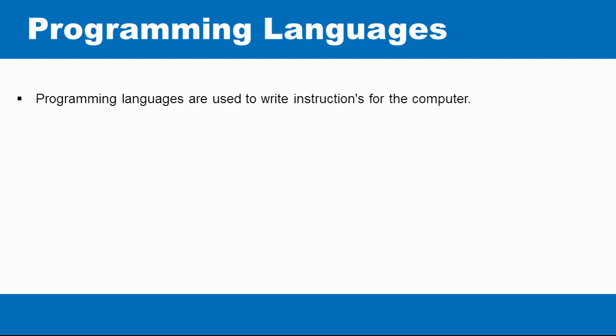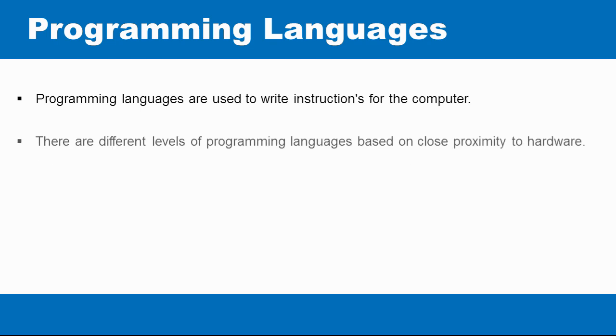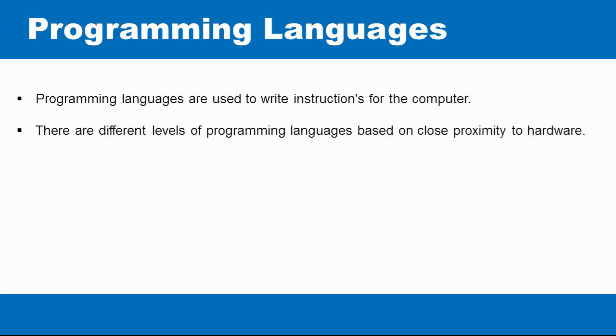There are two main levels of programming languages based on their proximity or closeness to the computer hardware. So the two main levels of programming language are low-level languages and high-level languages.